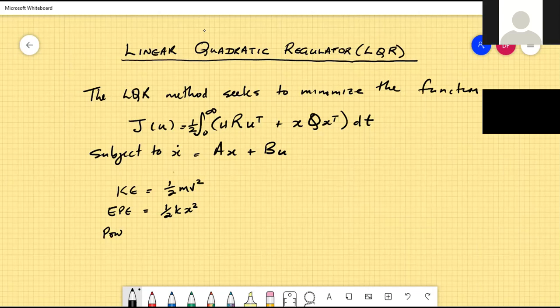Power in terms of voltage and resistance: V squared over R. Energy in a capacitor: half CV squared.